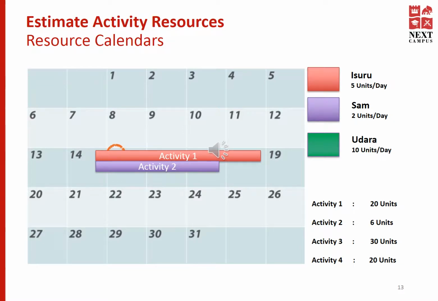Looking at the total size of the activities, activity 1 takes 20 units and activity 2 is 6 units of work. So when Isuru works on activity 1, he takes 4 days to complete it, whereas Sam will take 3 days to complete activity 2.